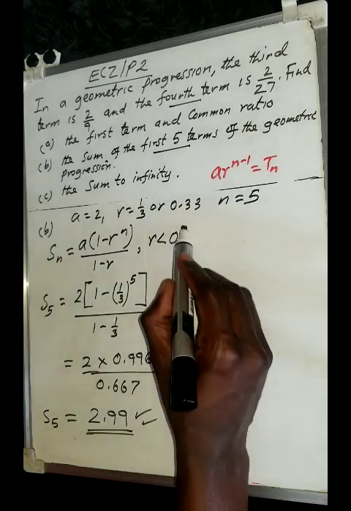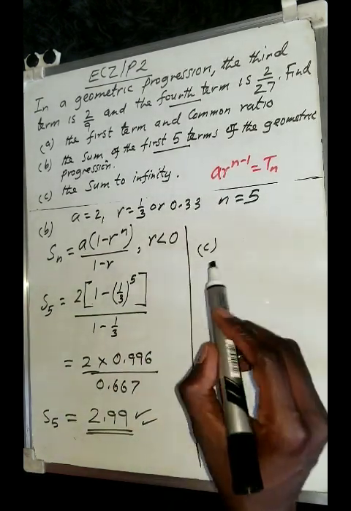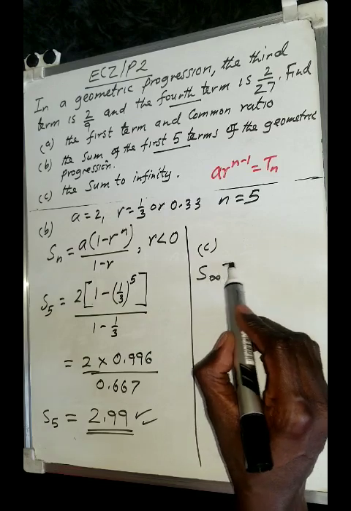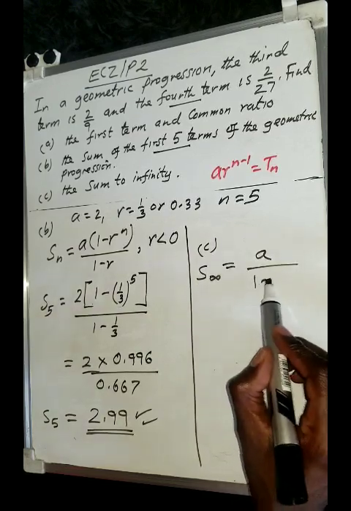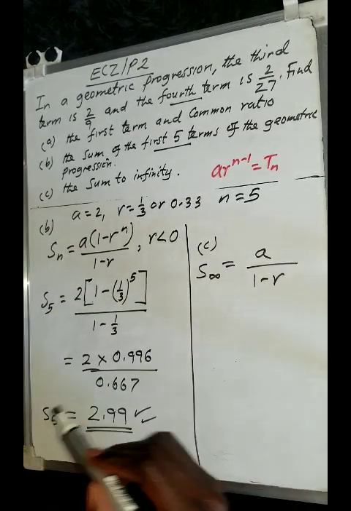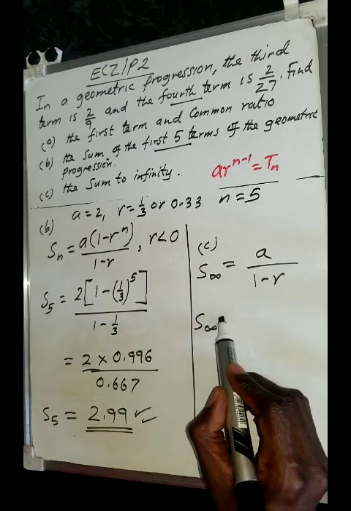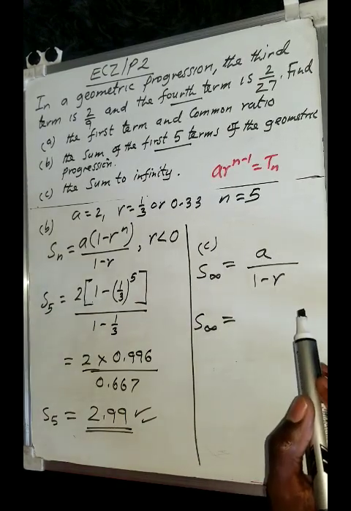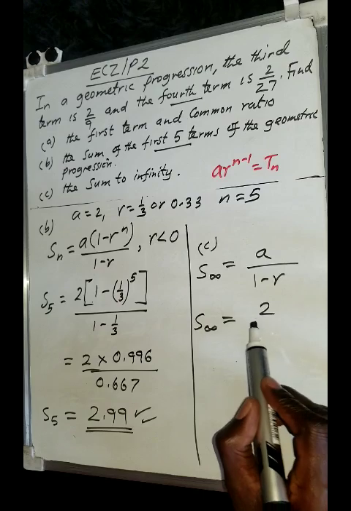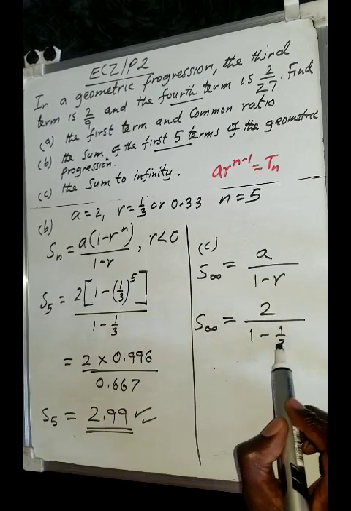Then the C part says that we find the sum to infinity. Now remember, the sum to infinity is equal to the first term over 1 minus the common ratio. So therefore, the sum to infinity will be equal to the first term, which is 2, over 1 minus 1 over 3.